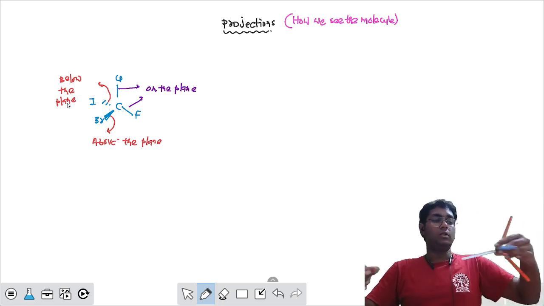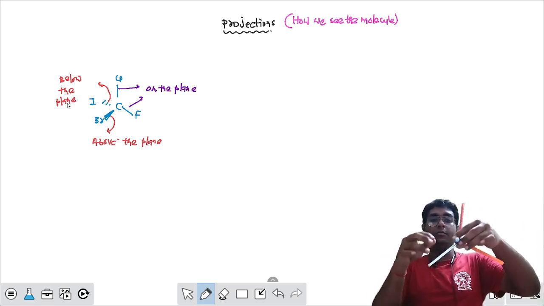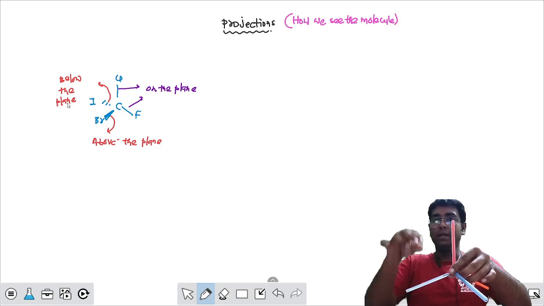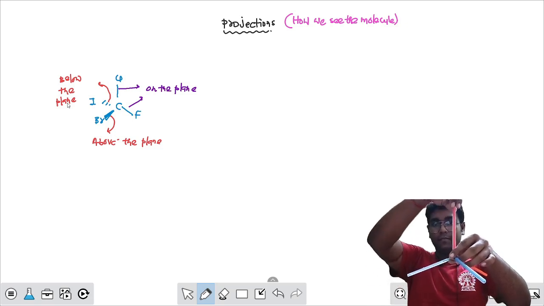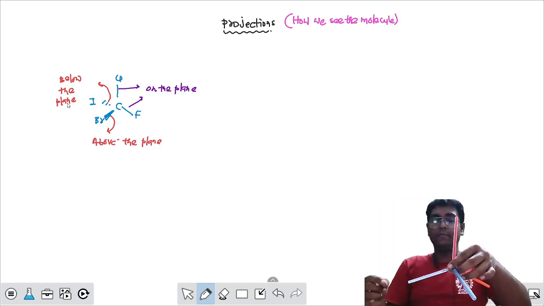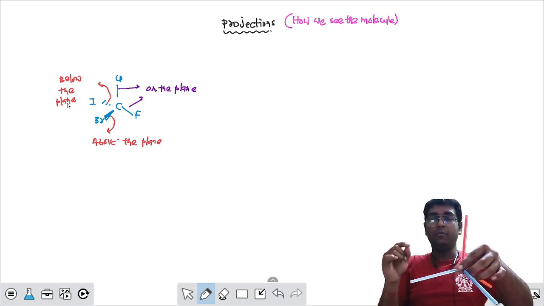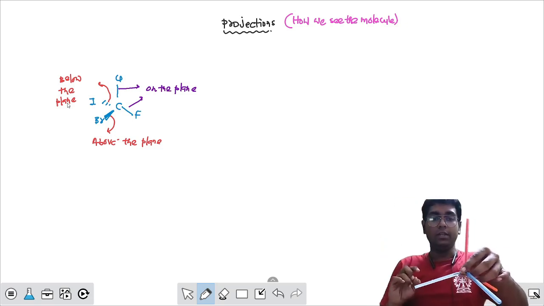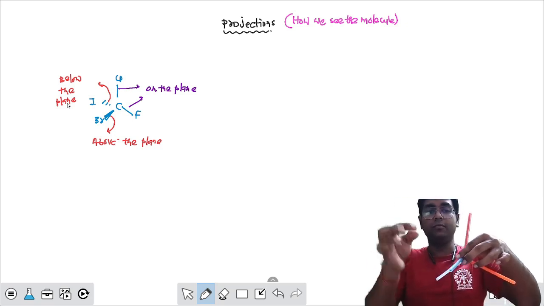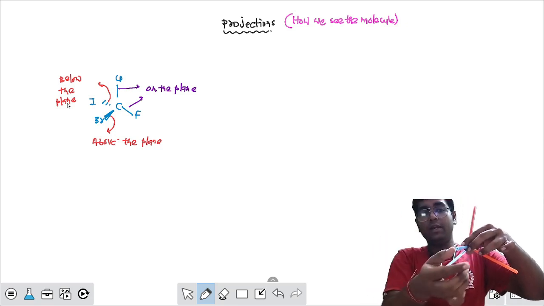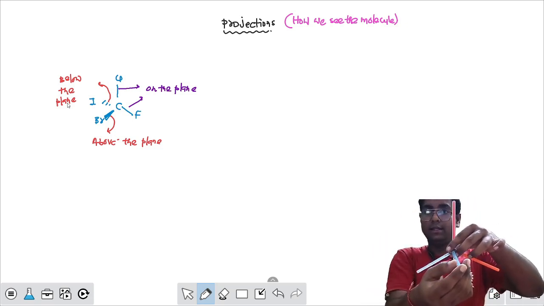So this is a kind of tetrahedral geometry, as you can see over here. Let's suppose this is the Cl atom at the top. Now we have to put Cl and F on the plane. So let's assume this red one is the Cl atom and this blue one is the fluorine atom.